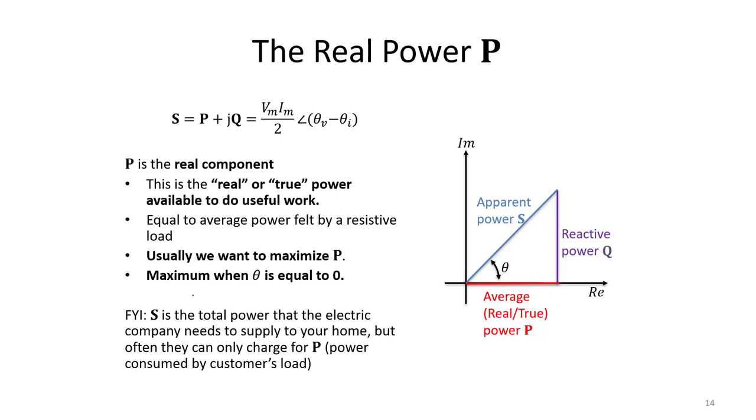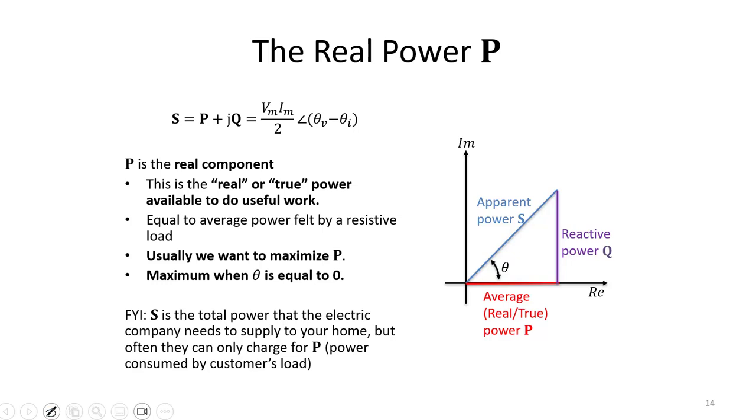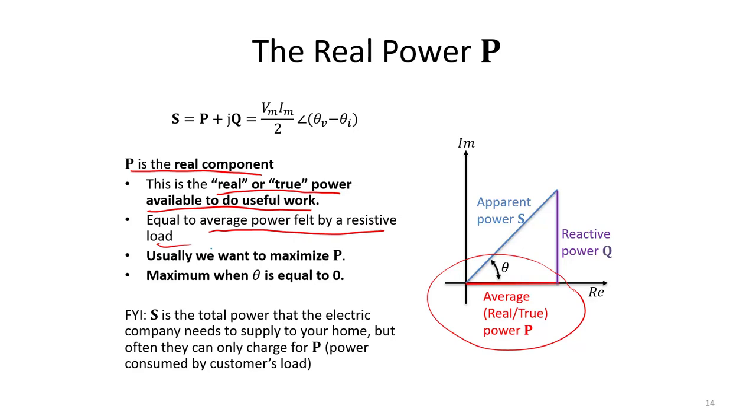The real power P is very important. The real power P is the real or true power available to do useful work. And we'll see that this is actually equal to the average power. If we look back at our instantaneous power equation, this real power P is the same P as the average power in that instantaneous power equation.